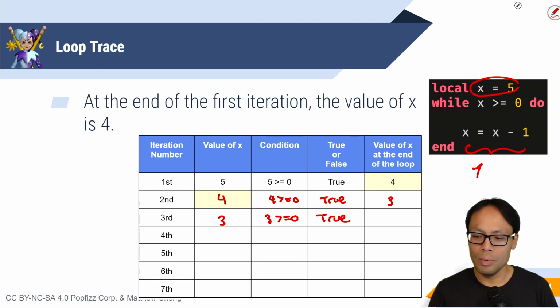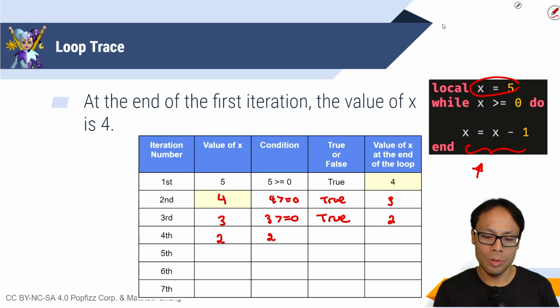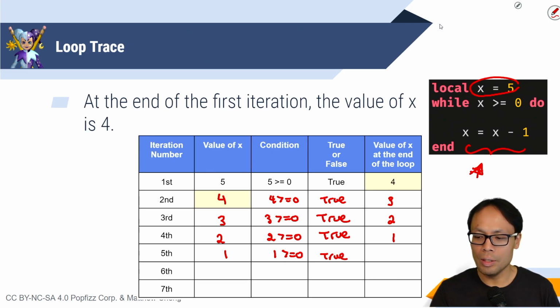Again, we go down by 1. That becomes 2 here. So 2 greater than or equal to 0. That is also true. That again goes down by 1. So we have 1 greater than or equal to 0. And then that is also true. So again, we go back down here. We have 1 minus 1 is 0. Bring the 0 down here. We have 0 greater than or equal to 0.